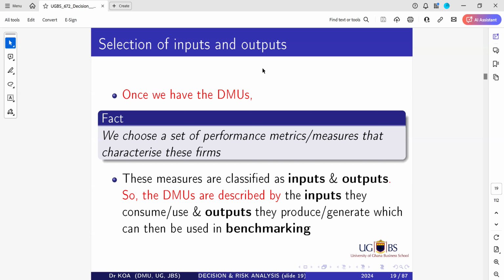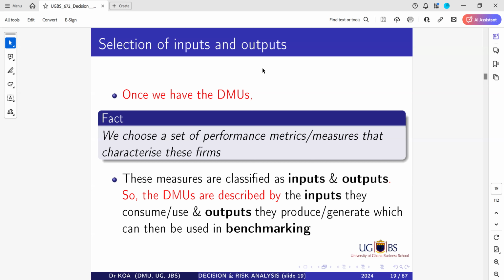So for efficiency analysis to even be done, there must be homogeneity of the units. The companies must be homogeneous. You cannot compare insurance firms with banking firms. It's not sensible.